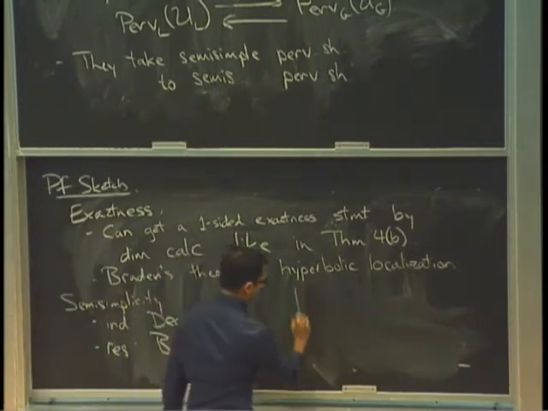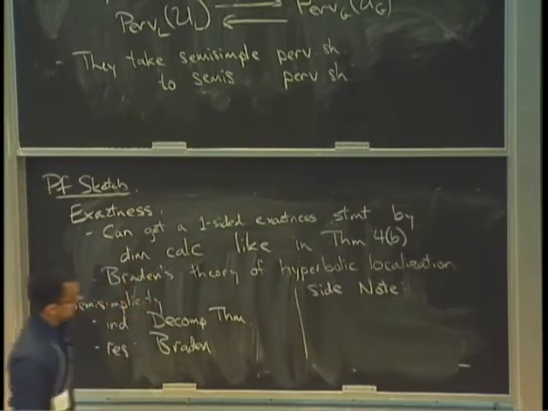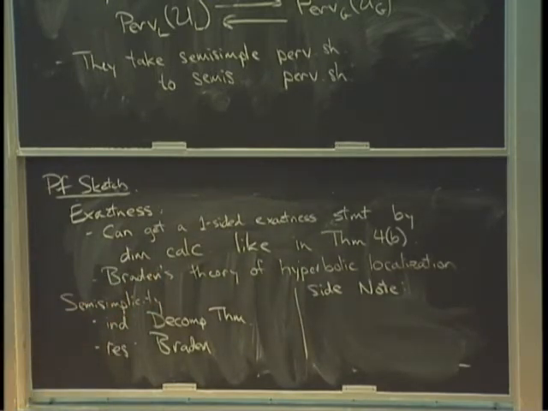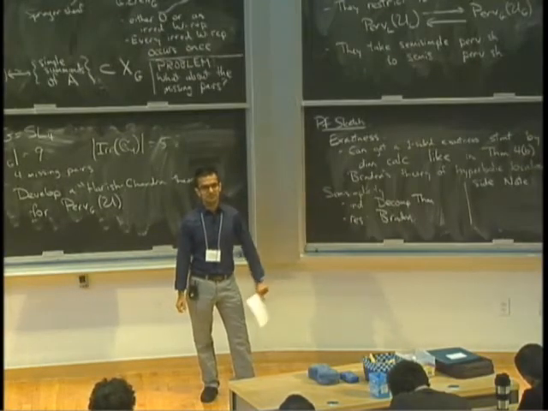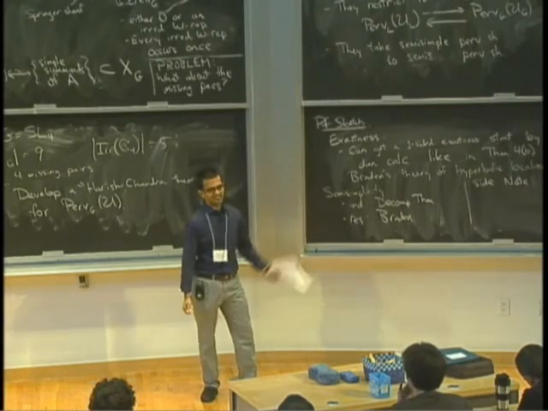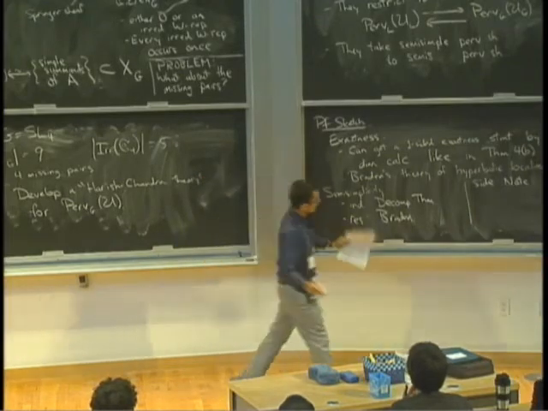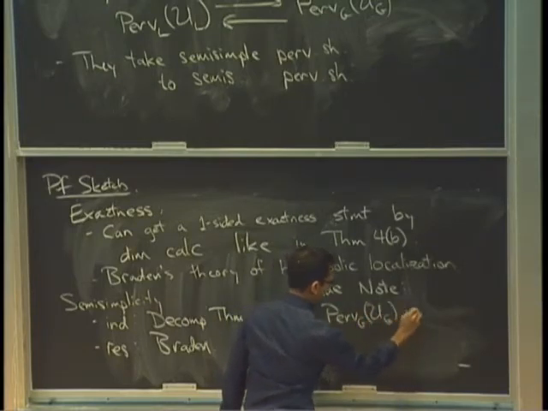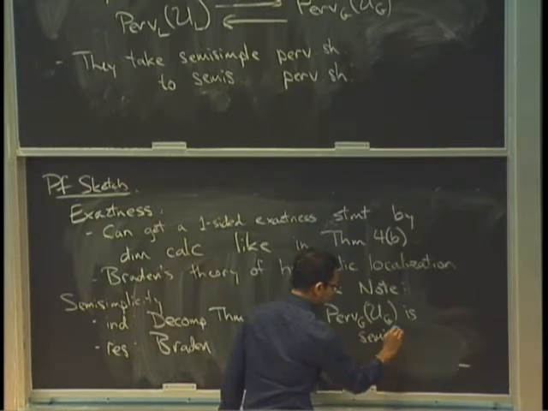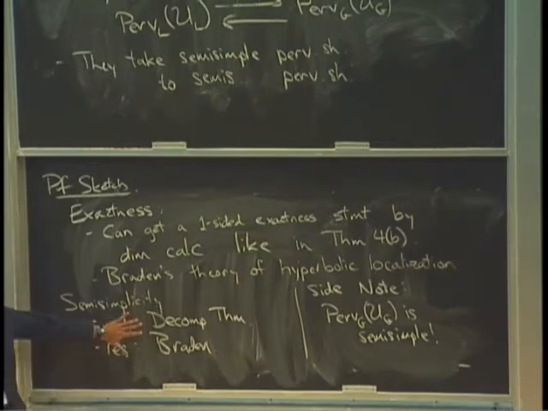I want to make a little side note here. There's a silly reason. If you spend a lot of time playing with perverse sheaves on the unipotent variety, then you know an obvious reason why these functors take semi-simple objects to semi-simple objects, and that's because the categories are semi-simple. Every object is semi-simple. This looks a bit silly, but I think this is a better moral reason for it.